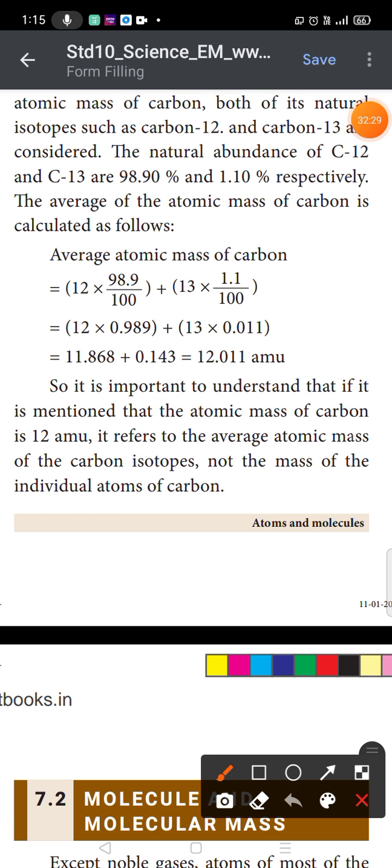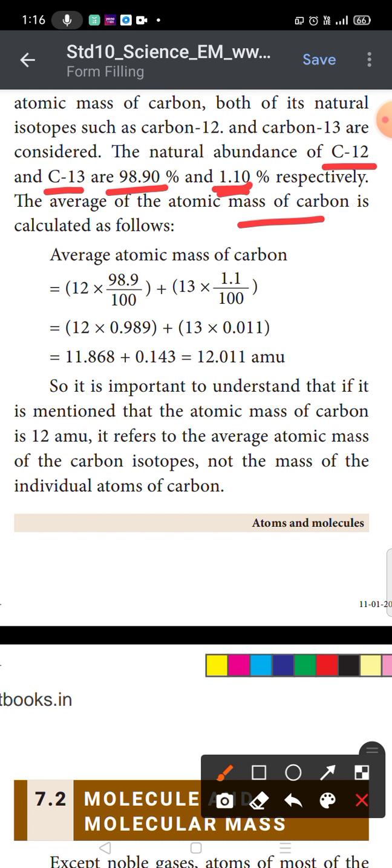The carbon isotopes are carbon 12 and carbon 13. The natural abundances are 98.90% for carbon 12 and only 1.10% for carbon 13. So the average atomic mass of carbon is calculated as follows.